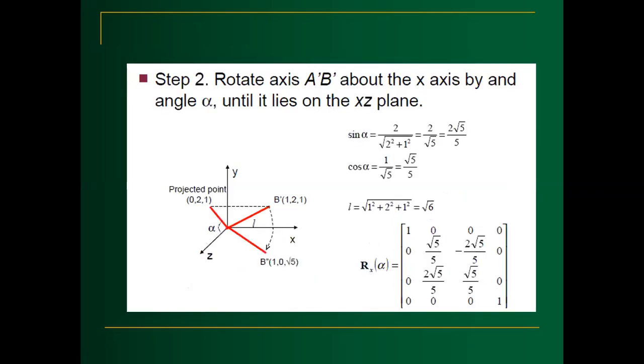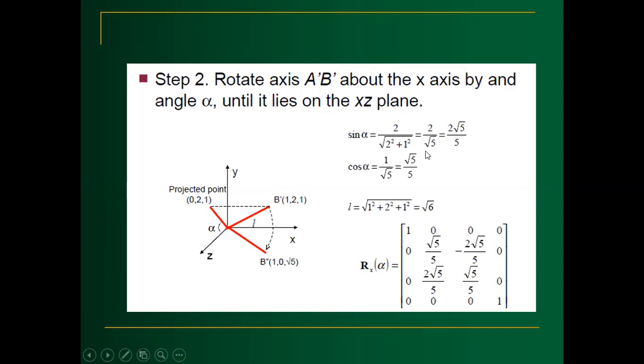Step 2 is what? That is 2a. You see here the projected point is somewhere here. You see 1 to 1. The projected point is now 0 to 0, 2, because you are rotating via x-axis, so it doesn't differ. That alpha we need to calculate. Now we got sine alpha.